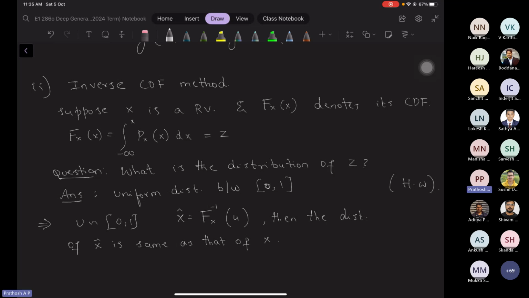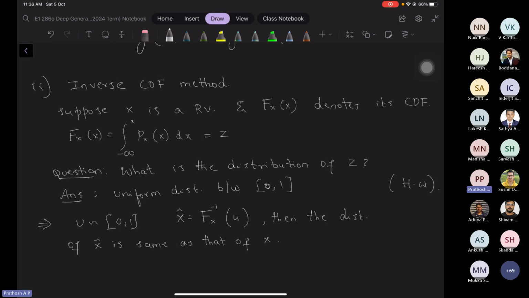Makes sense, right? Now we know that the distribution of the CDF of any random variable is uniform. That means that if you take a uniform random variable between 0 and 1, and make a transformation using the inverse of the CDF of any random variable, the outcome will be another random variable with the same distribution as that random variable whose CDF you have inverted.